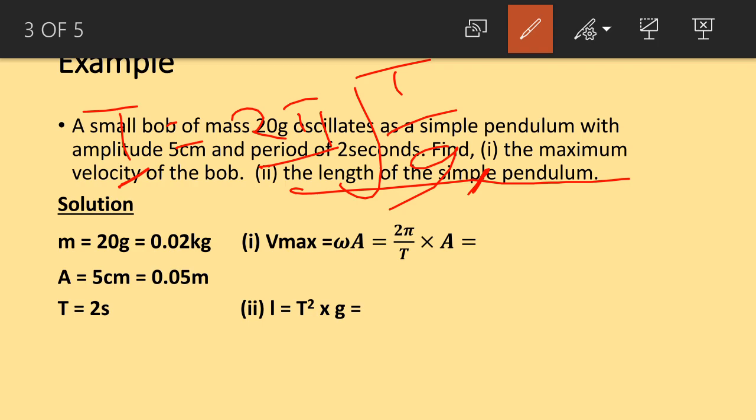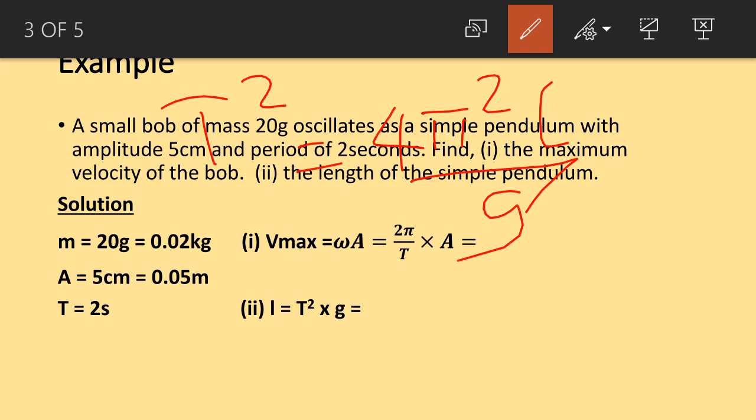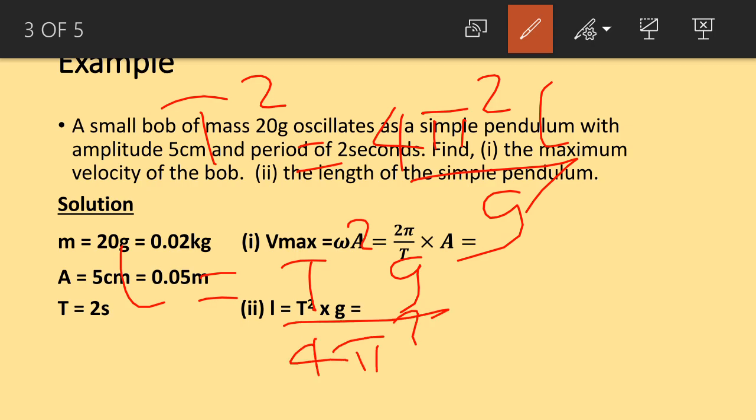We get T squared is equal to 4 pi squared L over G, and that gives us L equal to T squared G over 4 pi squared.